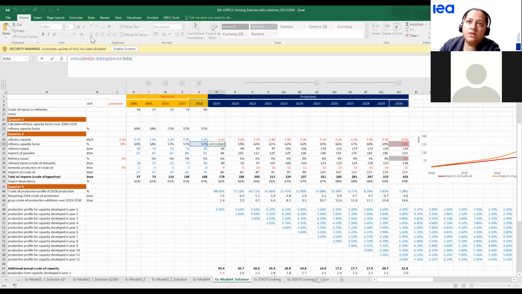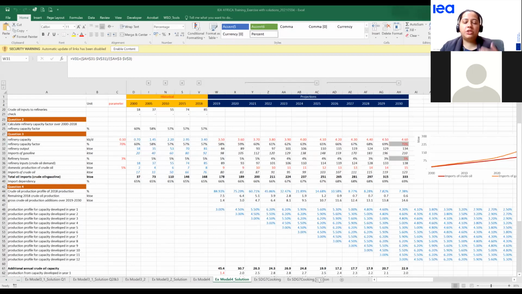You take the previous year, so you take the amount in 2018 and you plus the amount of 70. So you take 2030 minus 2018, and then you divide it by the number of years and you make it grow linearly. So that was the first calculation that you do.